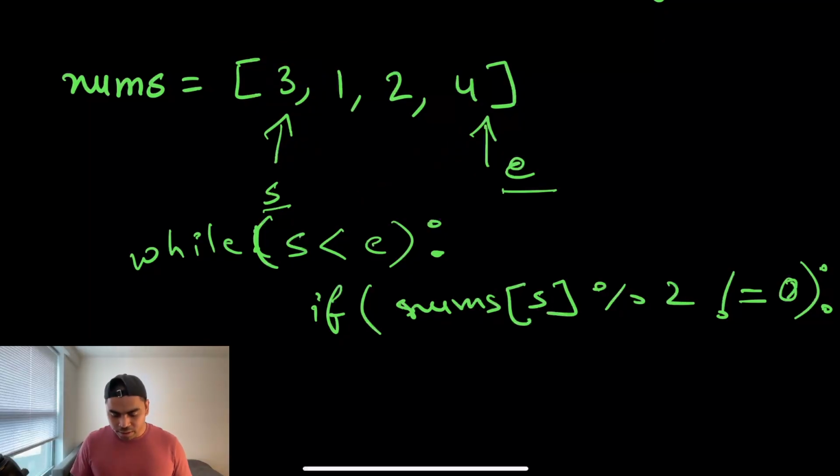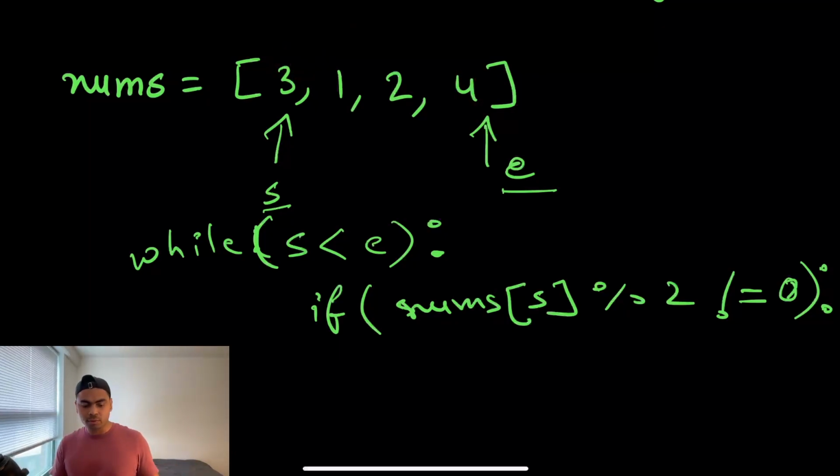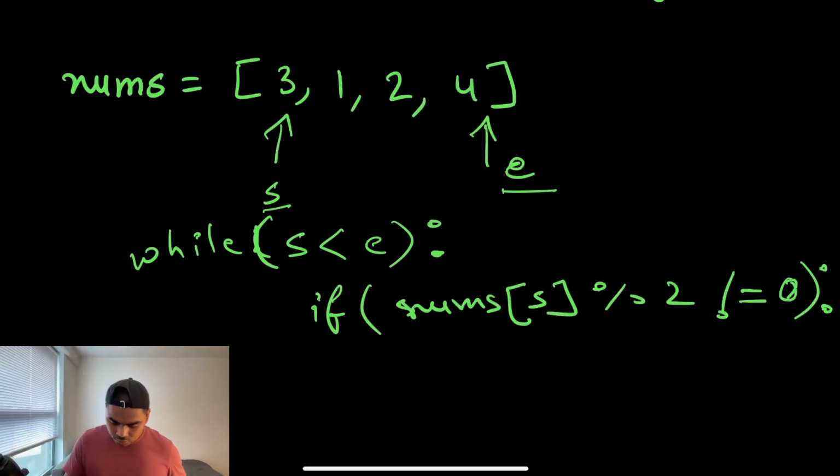This will change the order, but once we move this one, which for sure was odd, to the back, we can just decrement our e pointer. So we will decrement e by 1.